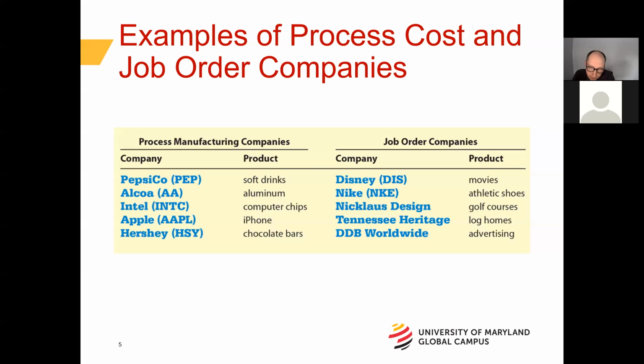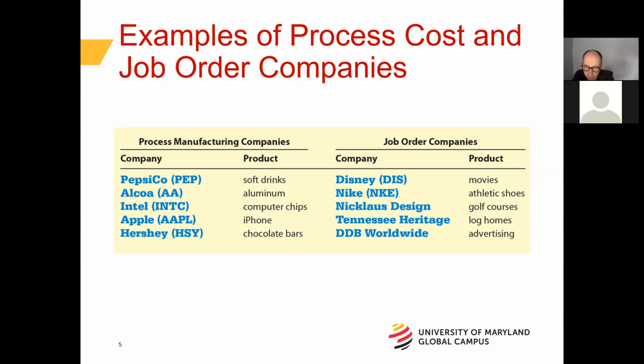Nike makes athletic shoes based off of their customer orders. Nicholas Design is a golf course design and manufacturing company. Interesting company, I guess. Of course, that's done based off of specialized customer orders. Tennessee Heritage is a log home manufacturing company.